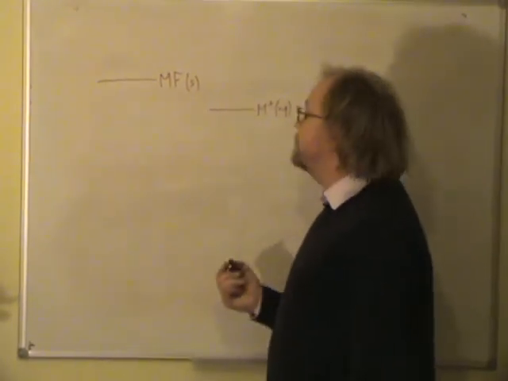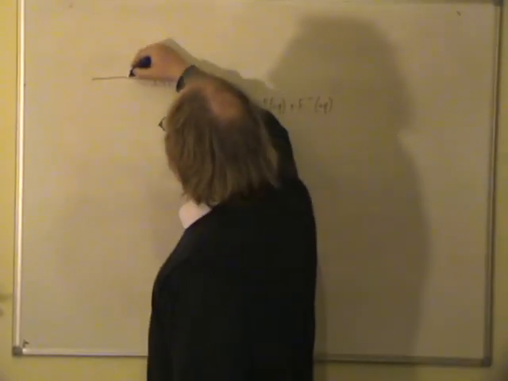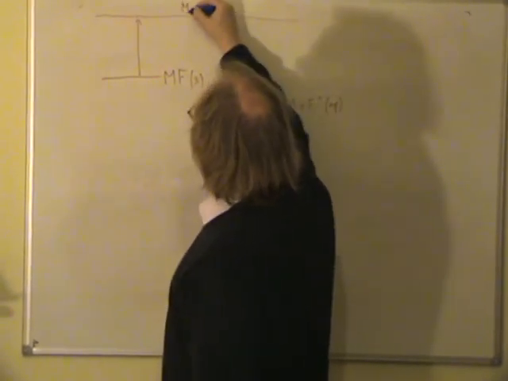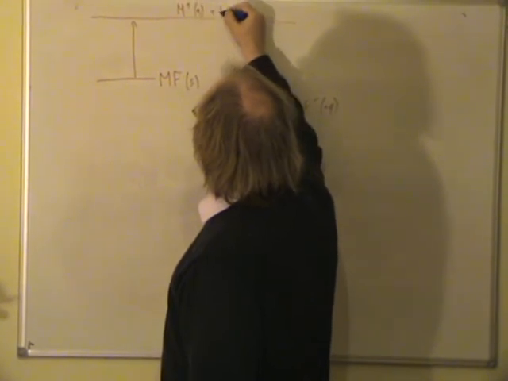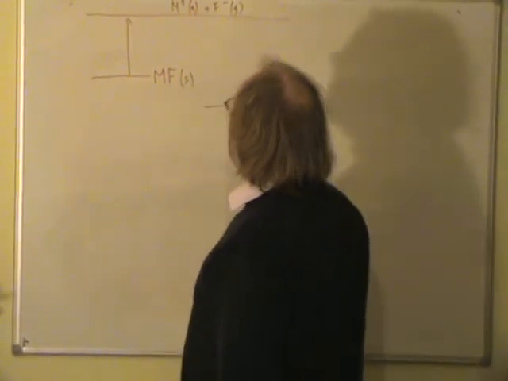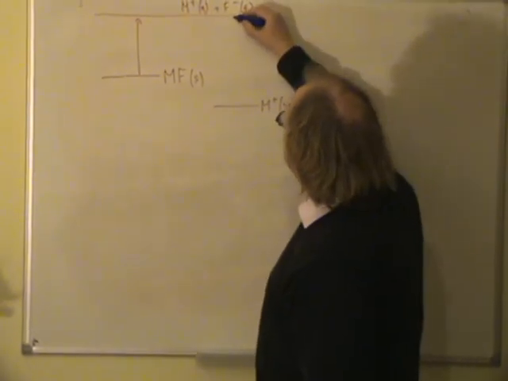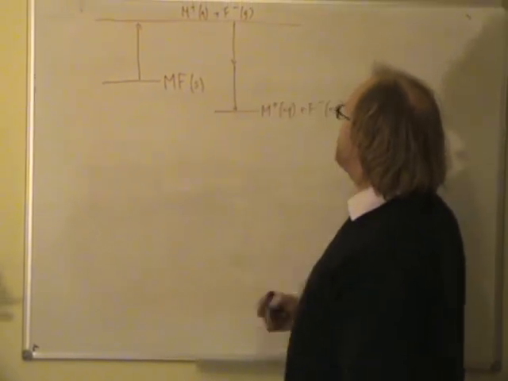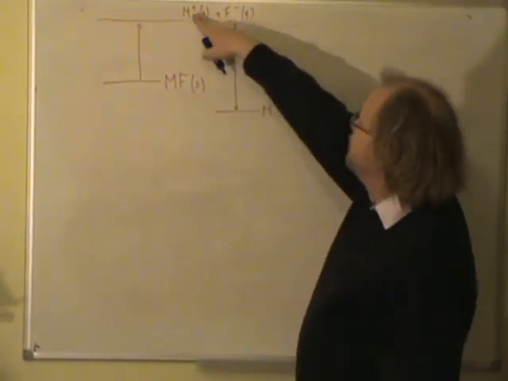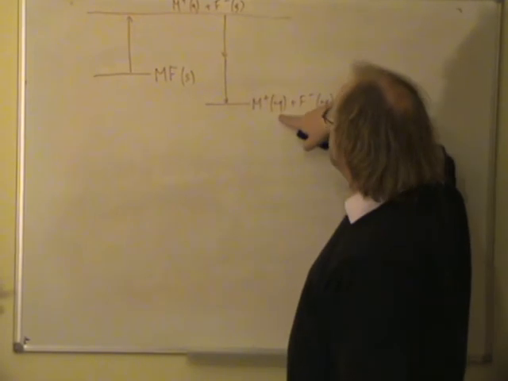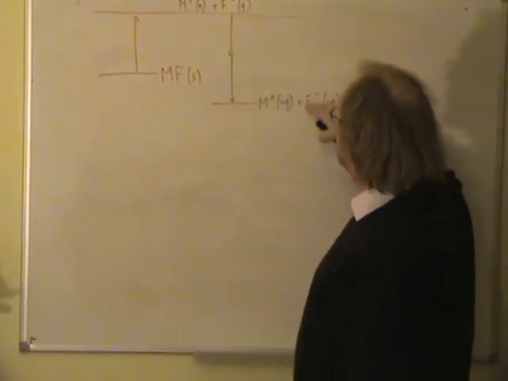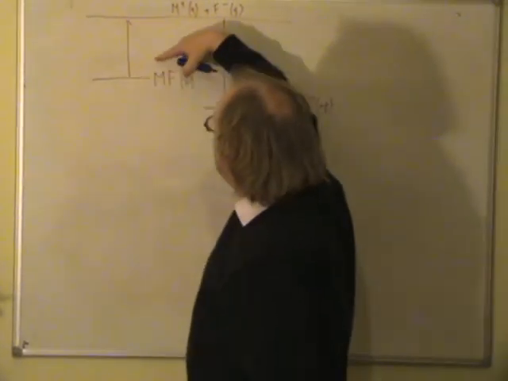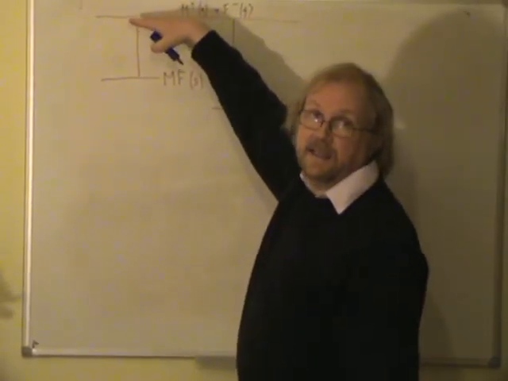And remember that it's just a 2-step cycle basically, that you first of all have to break up the solid and turn it into M plus gas plus F minus gas, and then, well, we normally do this in 2 steps because we hydrate the ions one at a time, but we're just taking the M plus ions and putting them into solution, and then taking the F minus ions and putting them into solution. And this first term is the reverse of the lattice enthalpy.